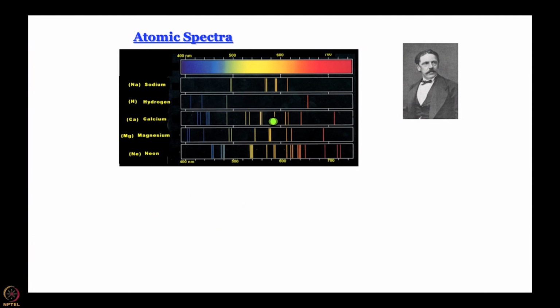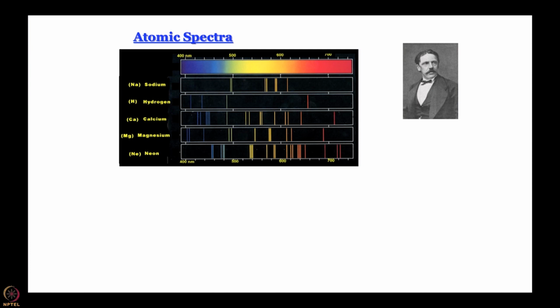The color has been added to make us understand better, but actually these are all black and white photographs. Here you can think x axis is your wavelength, and wherever we see a line, that is the energy or wavelength corresponding to which emission has taken place.